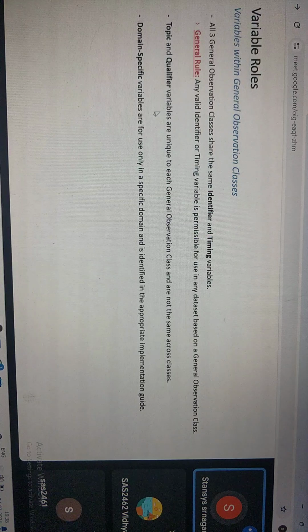Topic and qualifier variables are unique to each observation class and are not the same across them, so they will differ from domain to domain. Some specific domain variables are used only in specific domains in the identified implementation guide. A few domains have specific domain variable naming conventions, which we are going to discuss in detail.